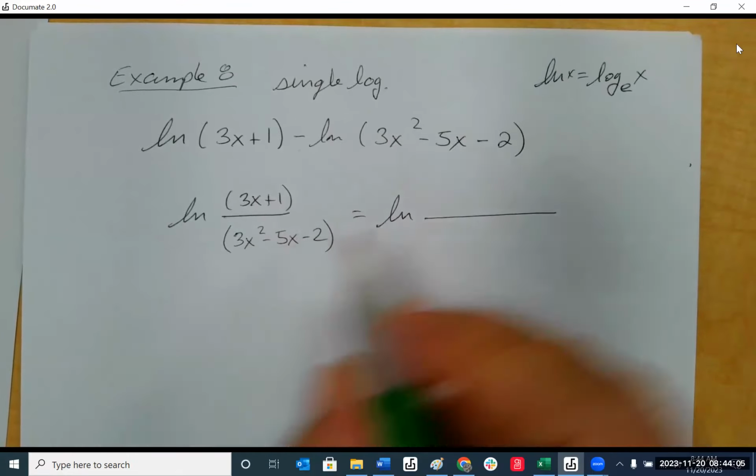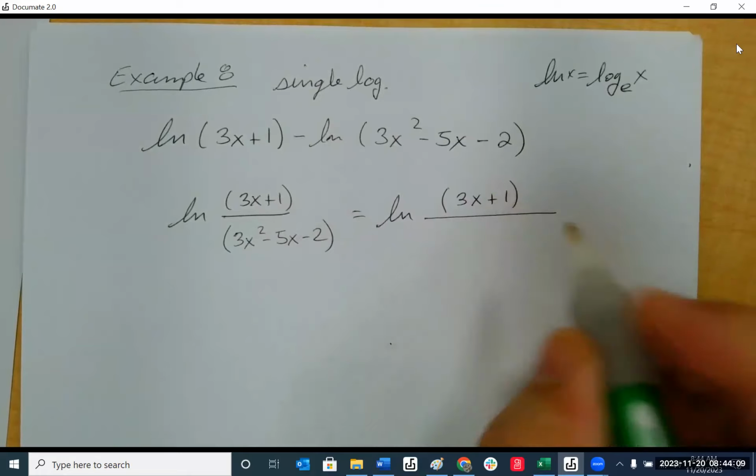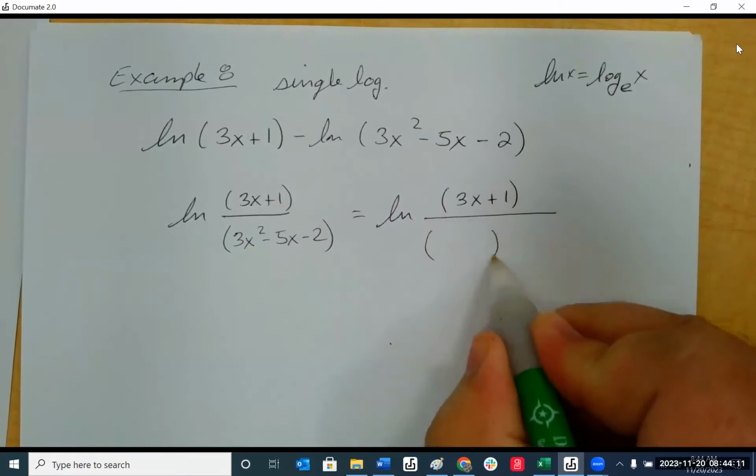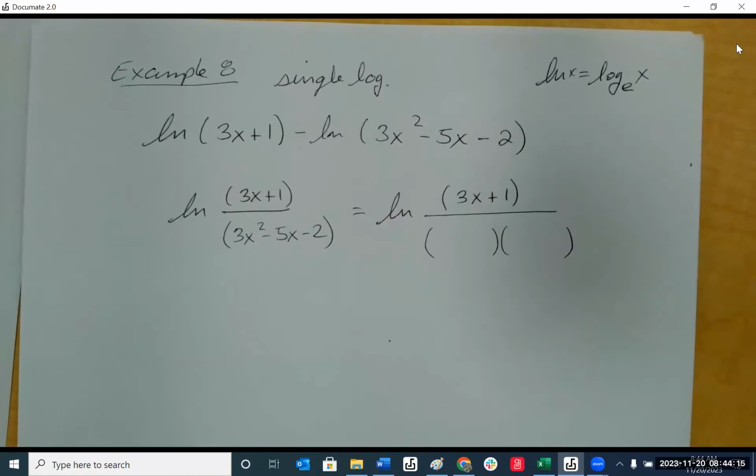Since we have a quadratic on the bottom, we have to factor it, because you want the equations to be in their simplest form so you can see if anything cancels.